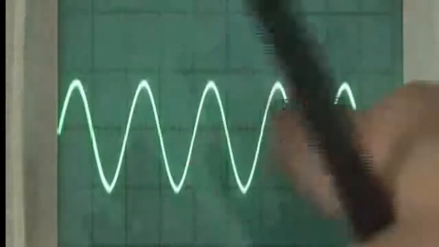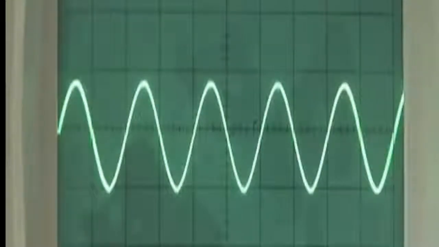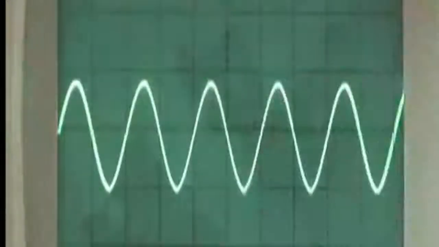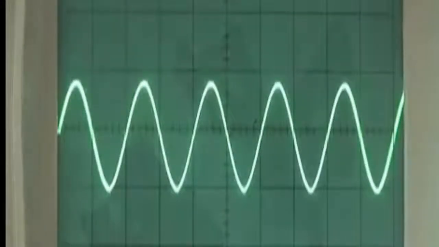What we got is the time period. We all know the relation between frequency and time period: frequency is equal to 1 by time period. For the time period, you can write whatever you got, which is 2 into 0.5 milliseconds. So frequency is 1 by 2 into 0.5 milliseconds, which is equal to 1 by 1 millisecond.